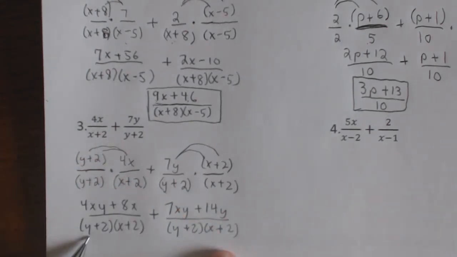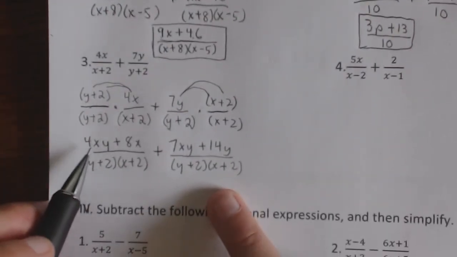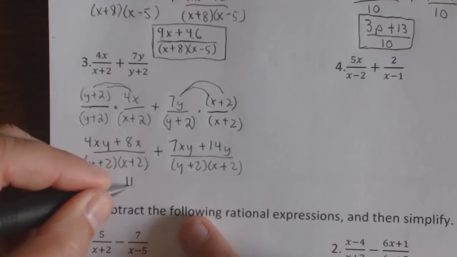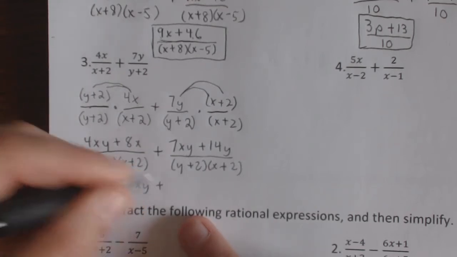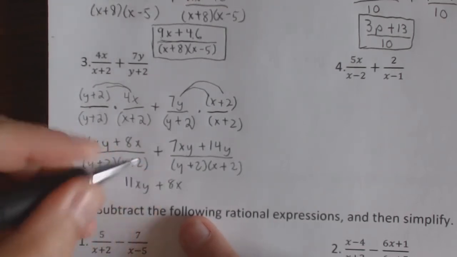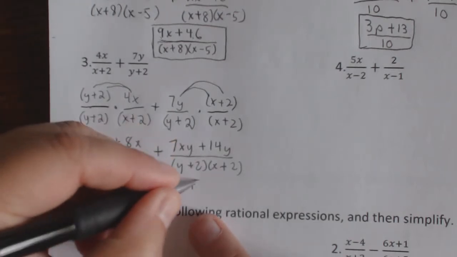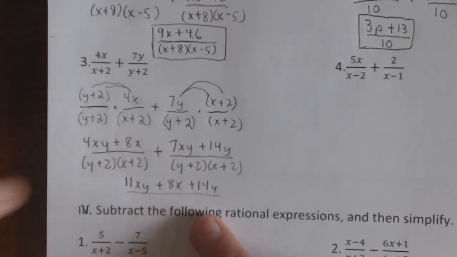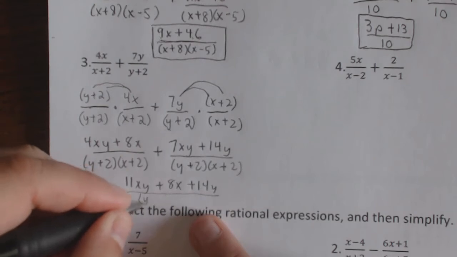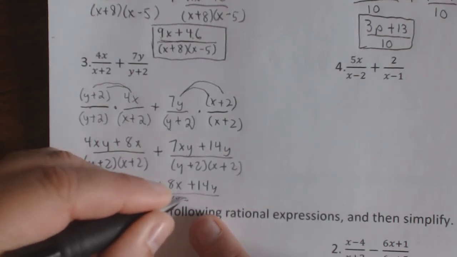We have a common denominator, so now we're going to add like terms. 4xy plus 7xy is 11xy, and then 8x doesn't have a like term, so plus 8x, and 14y doesn't have a like term, so plus 14y, and you have the denominator y plus 2, x plus 2.